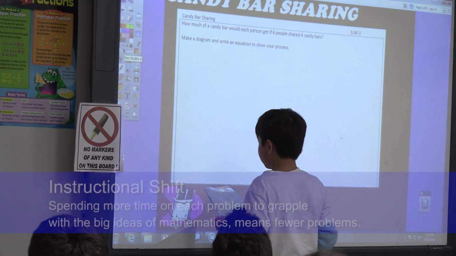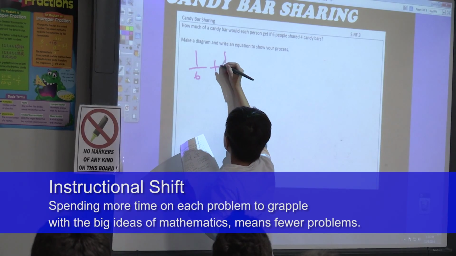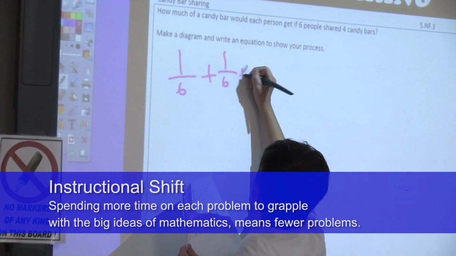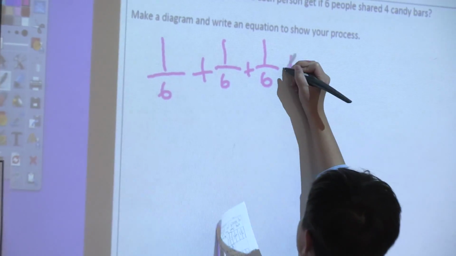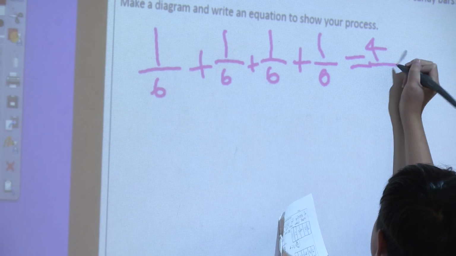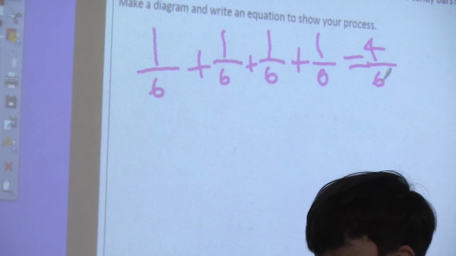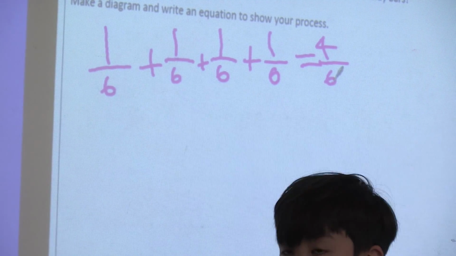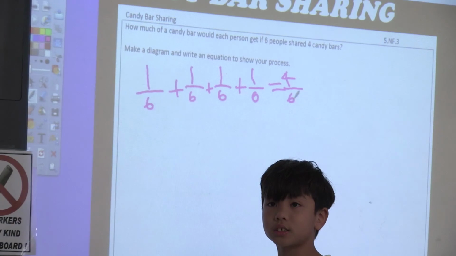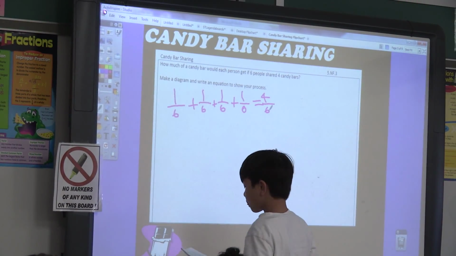Me and my group wrote 1/6 plus 1/6. Well, we wrote this because after you're done writing your diagram, each person gets 4/6 from the 4 candy bars.